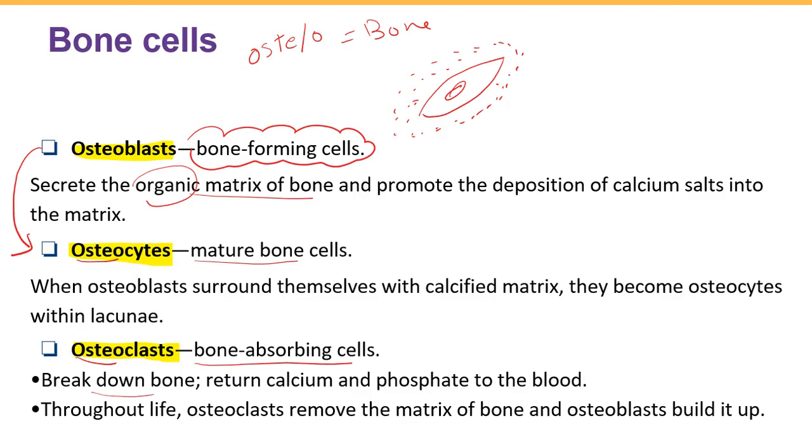They are going to break down the bone, and through this way they can release the calcium and phosphate to the blood, and also the osteoblast is going to form the new bone instead of this broken bone. So throughout our life, osteoblast and osteoclast are always working together in a balance. So osteoclast removes the matrix of the bone and osteoblast forms the new one.